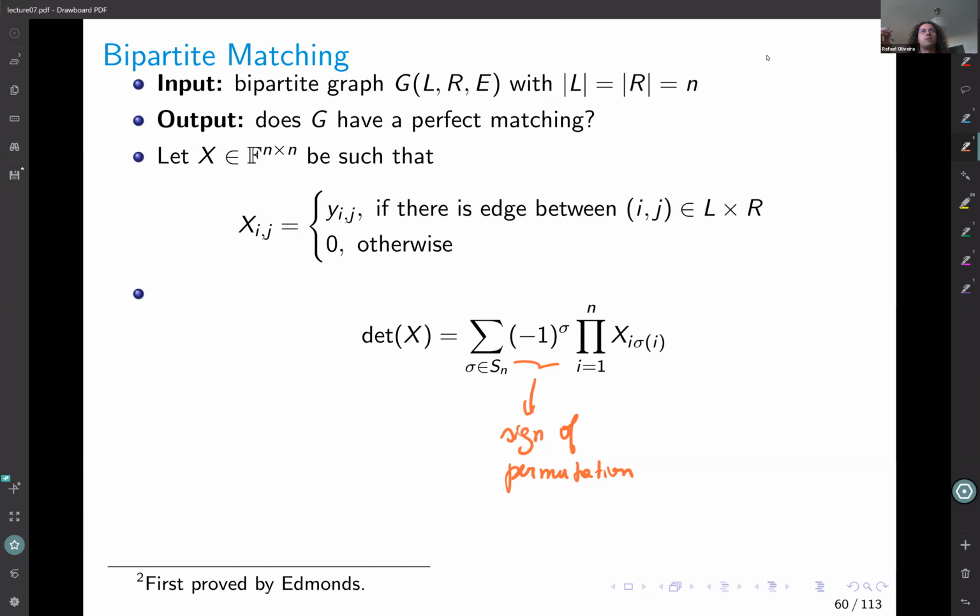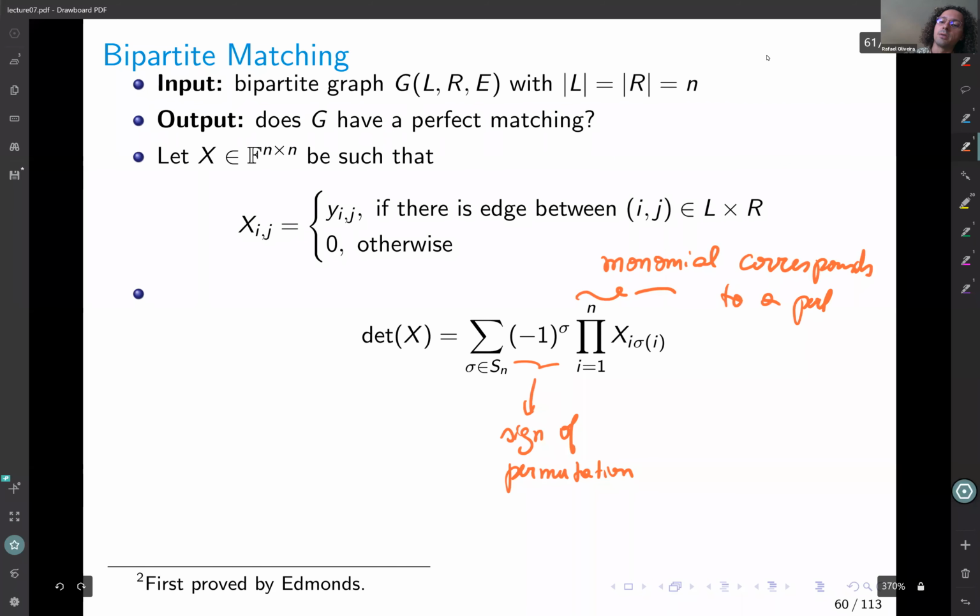This is the formula of the determinant that you all know. But notice what this monomial of the determinant corresponds to: it corresponds to a matching, to a perfect matching.